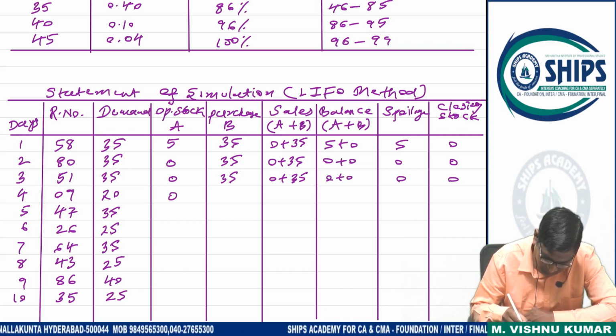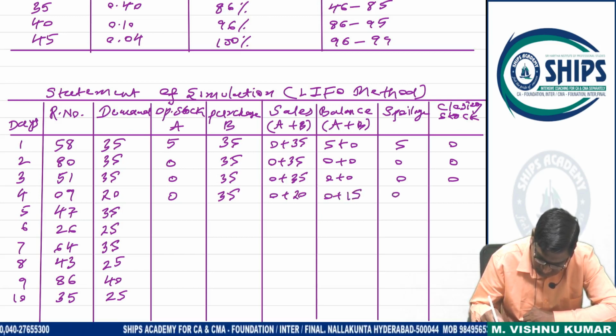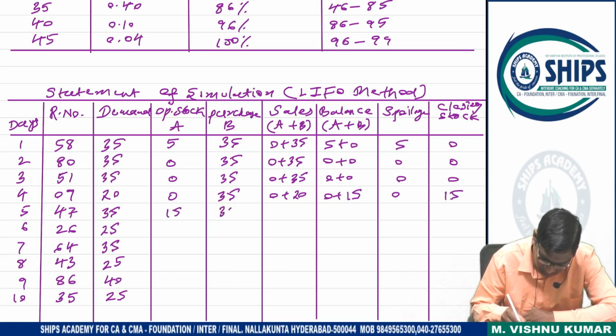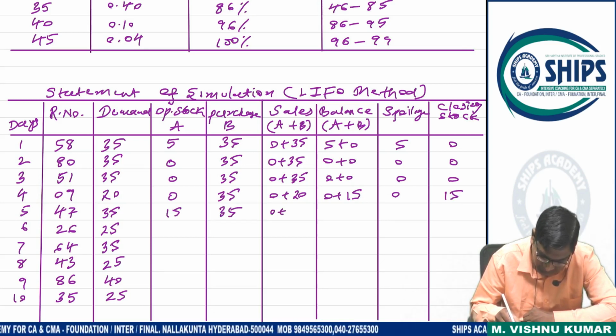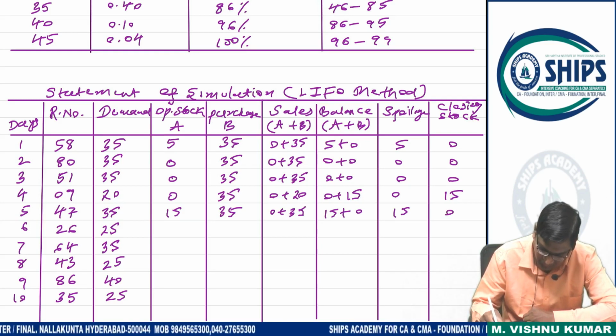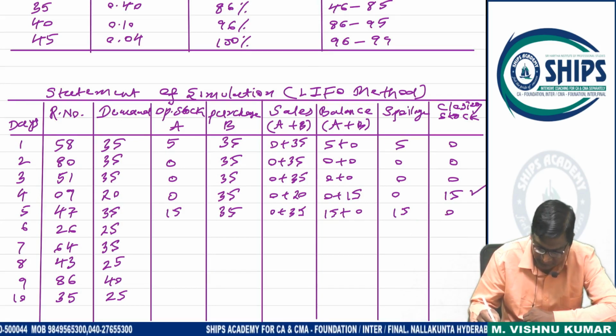Next 0, 35. 0 plus 20, 15. 15, correct. 15 purchases 35. Sold? 0 plus 35, correct. 15 plus 0, correct. 15, 0, correct. Because previously it is the second day, spoiled. Only 2 days. So here it is spoiled. Correct.